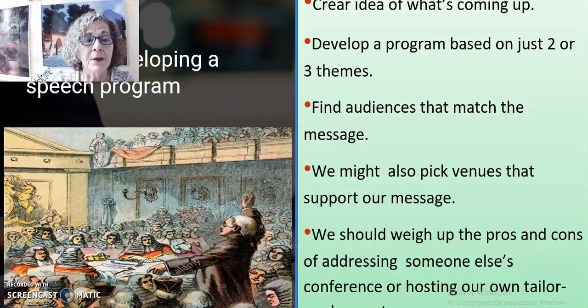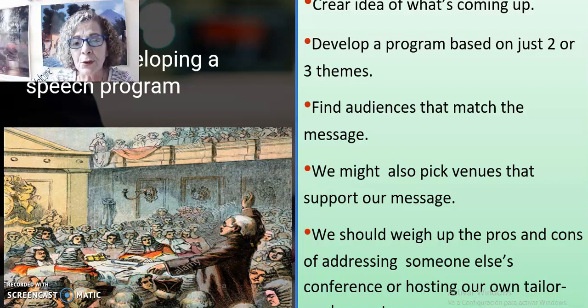Step 3, developing a speech program. So create a clear idea of what's coming up next. Develop a program based on just 2 or 3 things, no more. And find audiences that match the message and also the purpose.